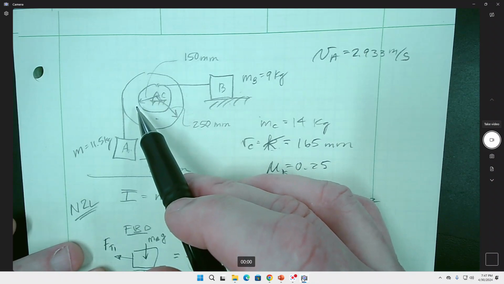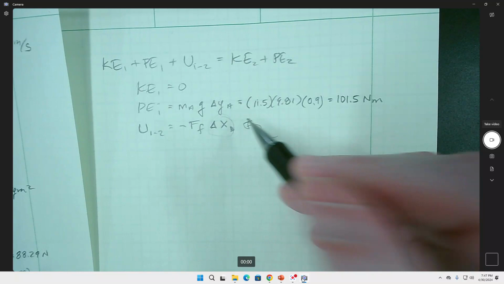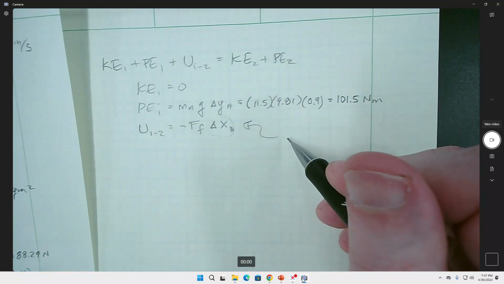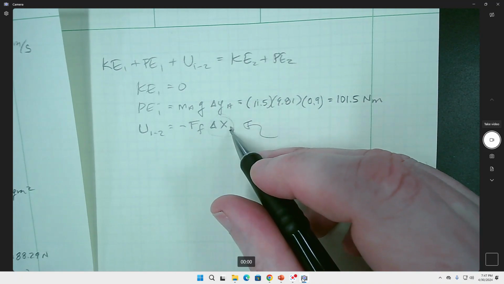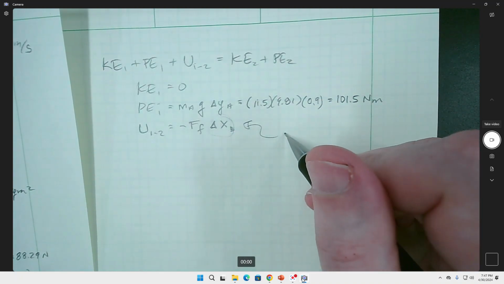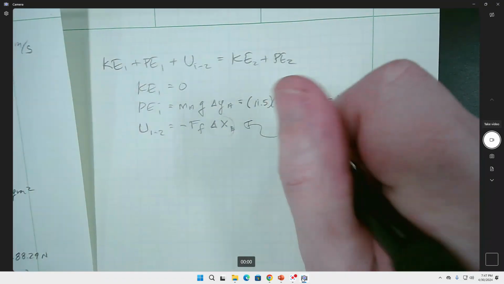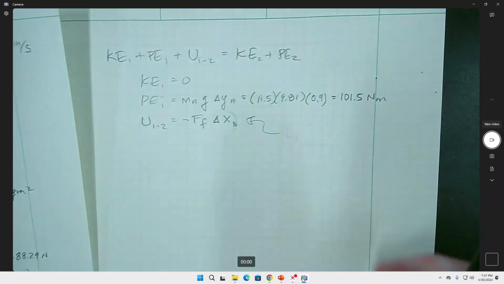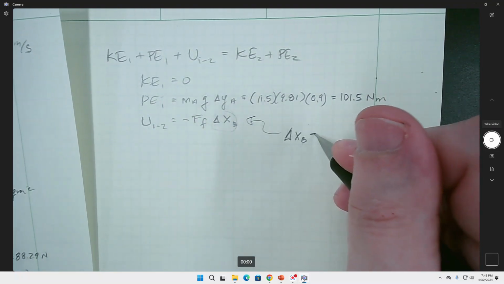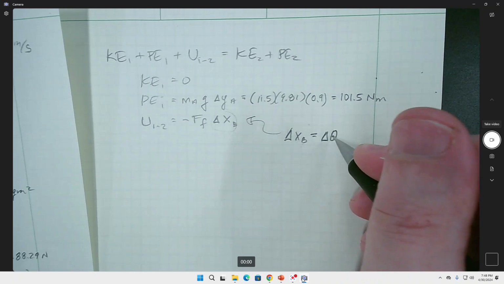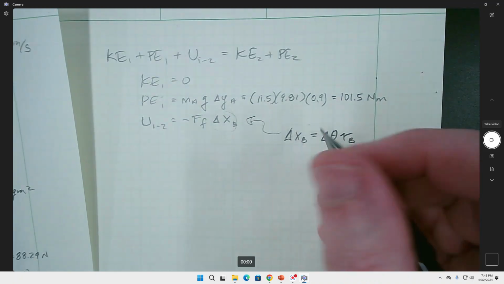Here's another aside, a kinematics aside, if you will. Let's say that this distance of B, L_B, is just going to be delta x_B. Delta x_B is going to be equal to delta theta times R_B. All right, well, what is delta theta going to be?